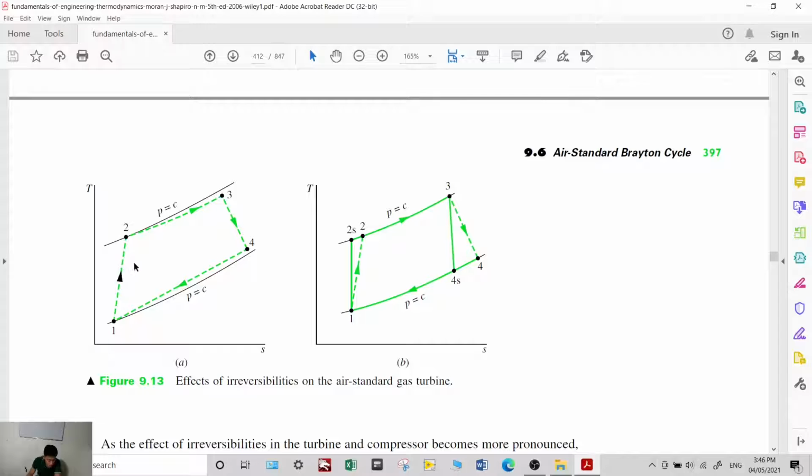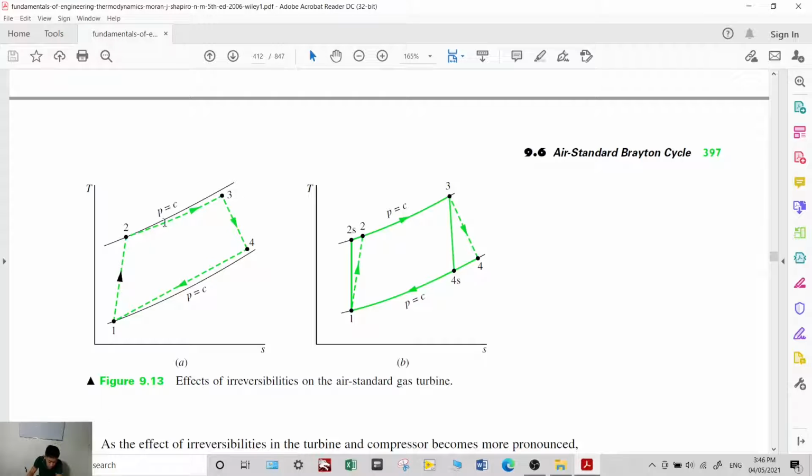You have an irreversible na compression, and then process 2 to 3 is not constant pressure, but there will be pressure drop. Okay, and also for process 3 to 4, it will not occur isentropically because of irreversibilities. So process 4 to 1, you have also pressure drop.